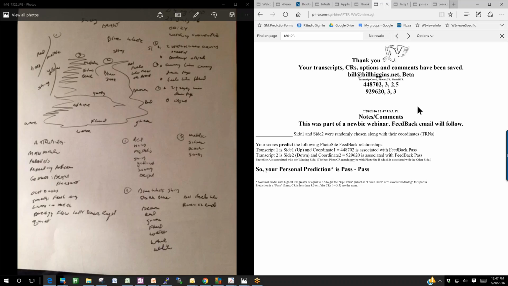So sometimes when their numbers are close, a person wants to take it as a pass and they will change their numbers. Otherwise, the system will take it as the higher number. But if we want to force it into a pass, we just have to either score it below 3.5 or match the numbers across the diagonal, the higher number.